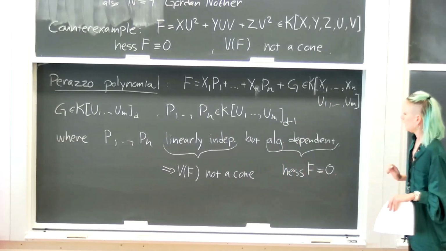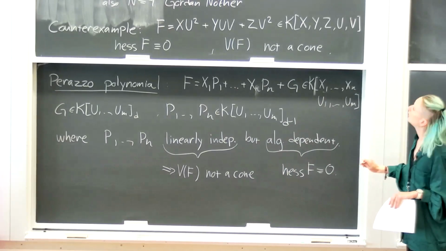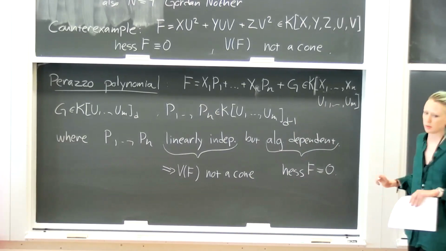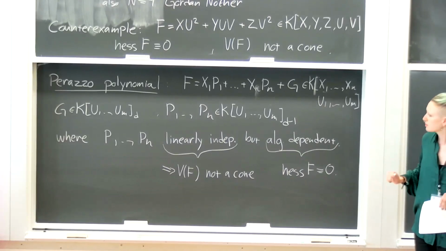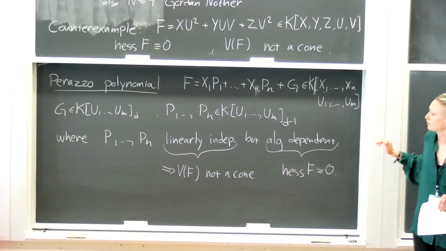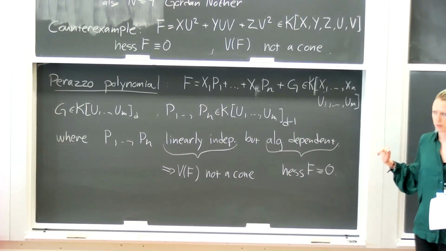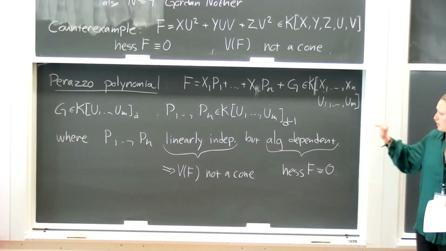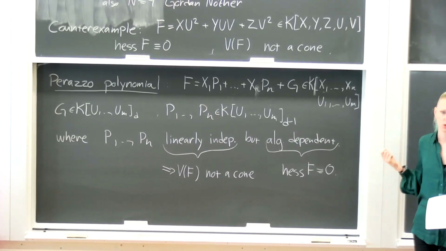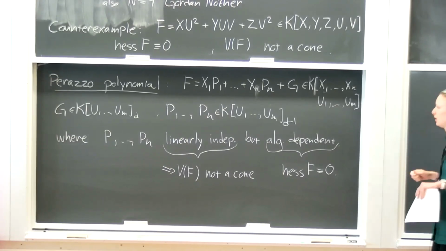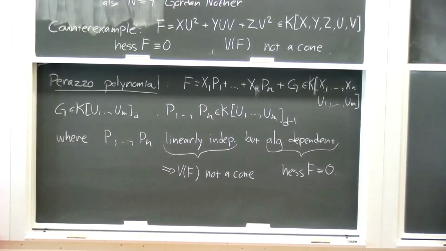Okay, so this is the class of polynomials that we're looking at, and we're actually going to look at the Gorenstein algebras, which have a Perazzo polynomial as the Macaulay dual generator. And I will call these Perazzo algebras.